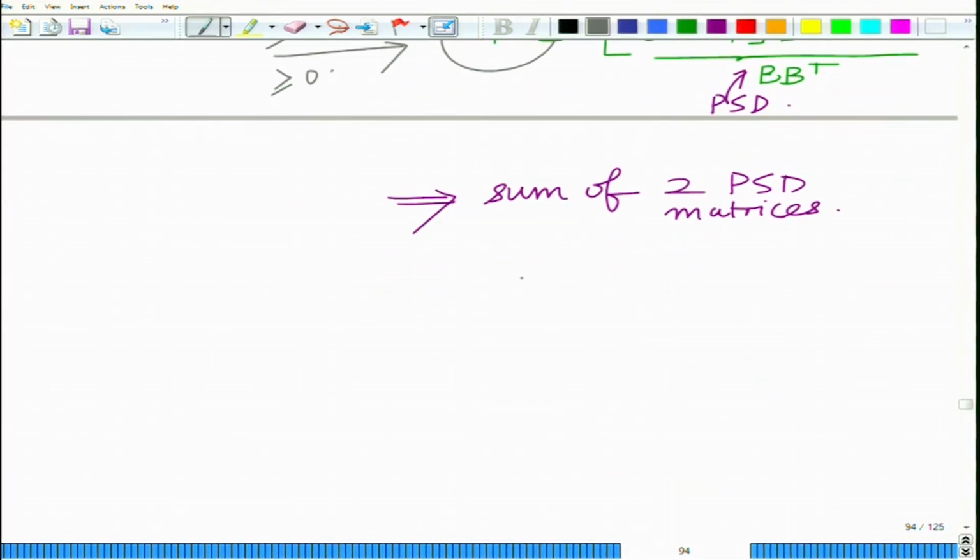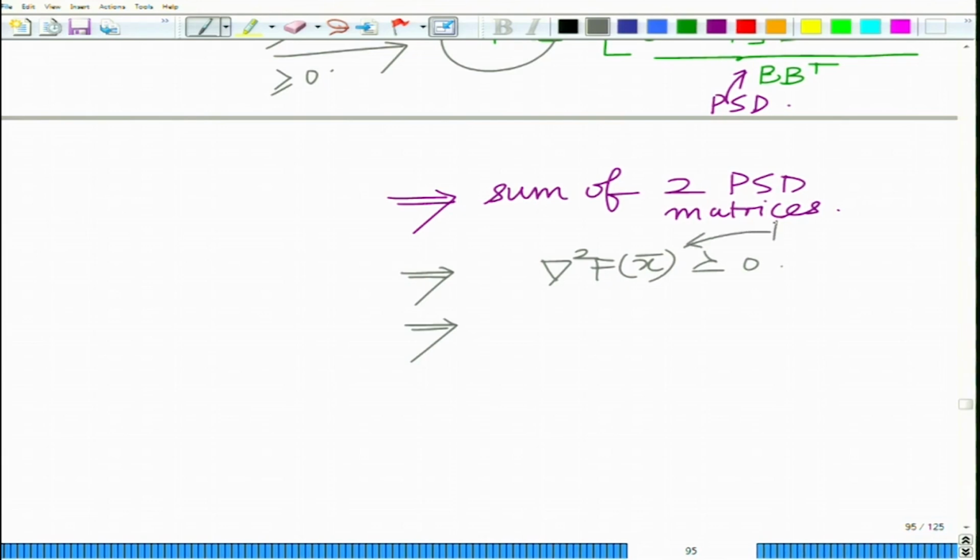Therefore, these are positive semi-definite matrices weighted by positive factors. So these are positive, and the resulting matrix is positive semi-definite. That means the Hessian is positive semi-definite.